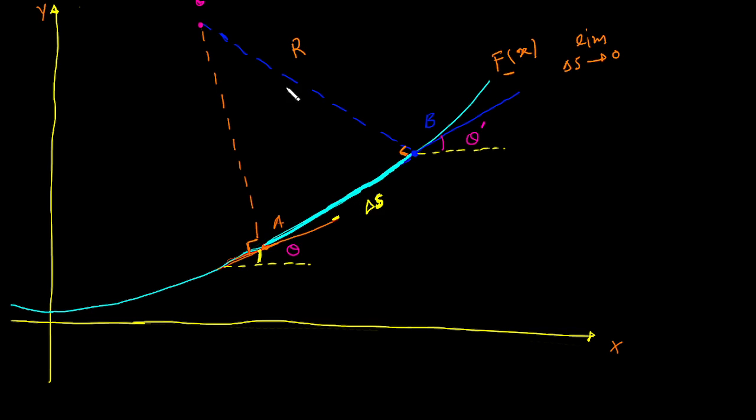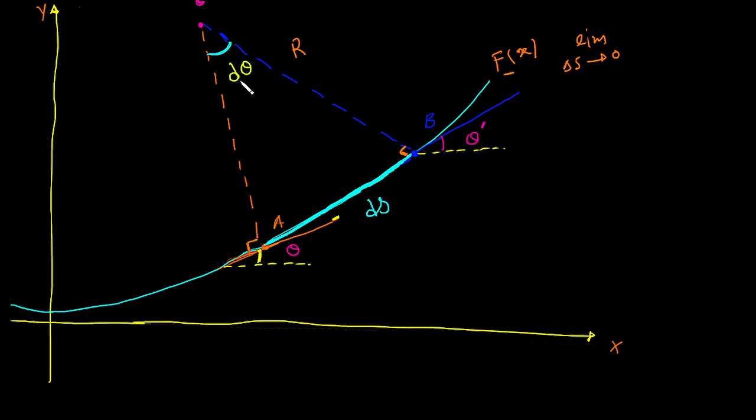Let's call it ds. Now if this arc is very small, then the angle made by these two lines AC and CB is also very small. Let's call it d theta.